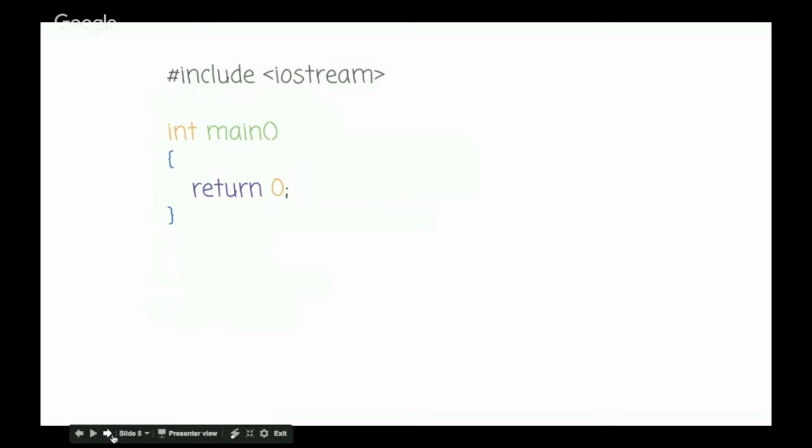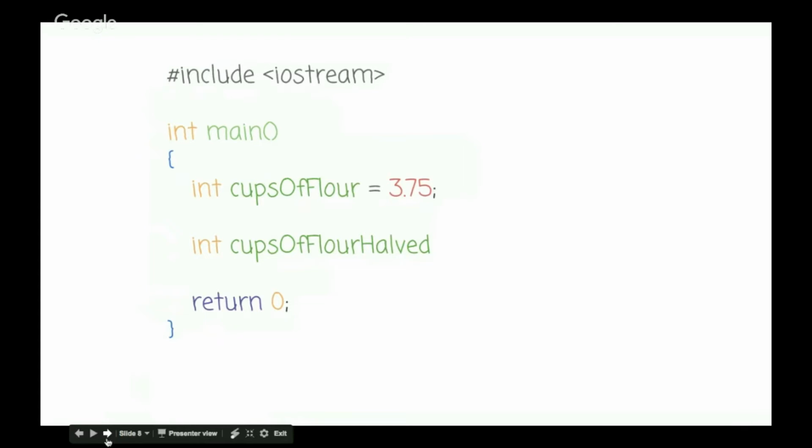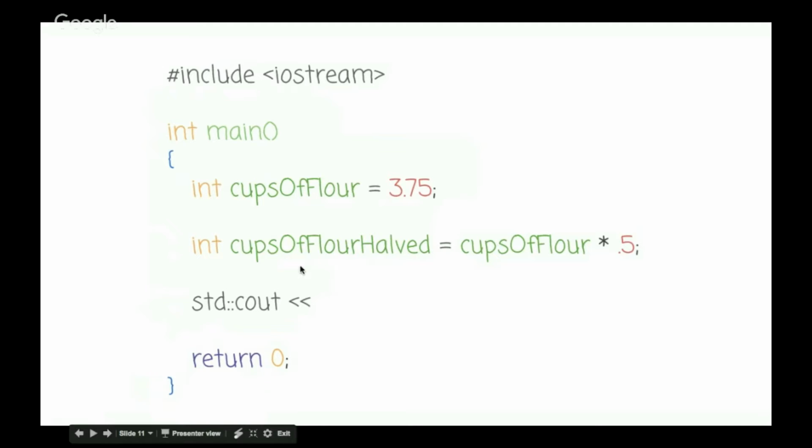So start with a blank project, and then we're going to add int cups of flour equals 3.75 semicolon, int cups of flour halved equals cups of flour times 0.5. And then we're going to display the result, cups of flour halved. So we do std::cout, angle brackets, cups of flour halved, angle brackets, and then we add an end line.